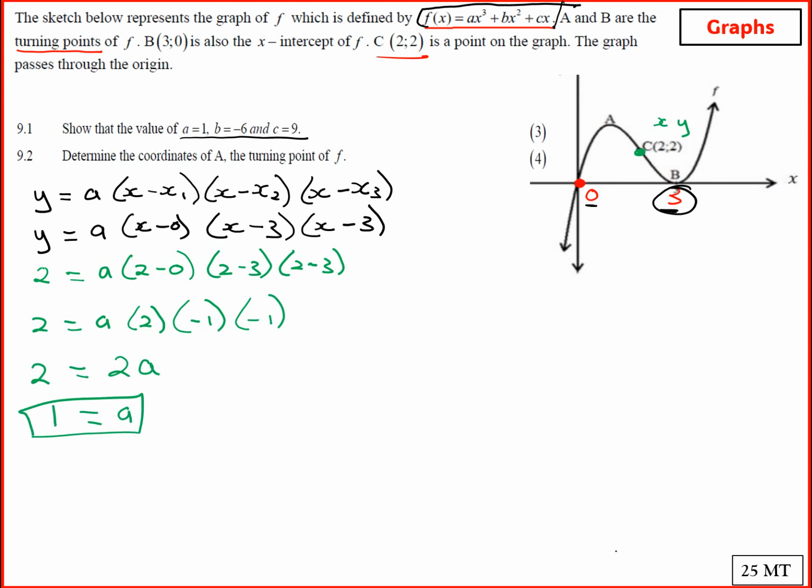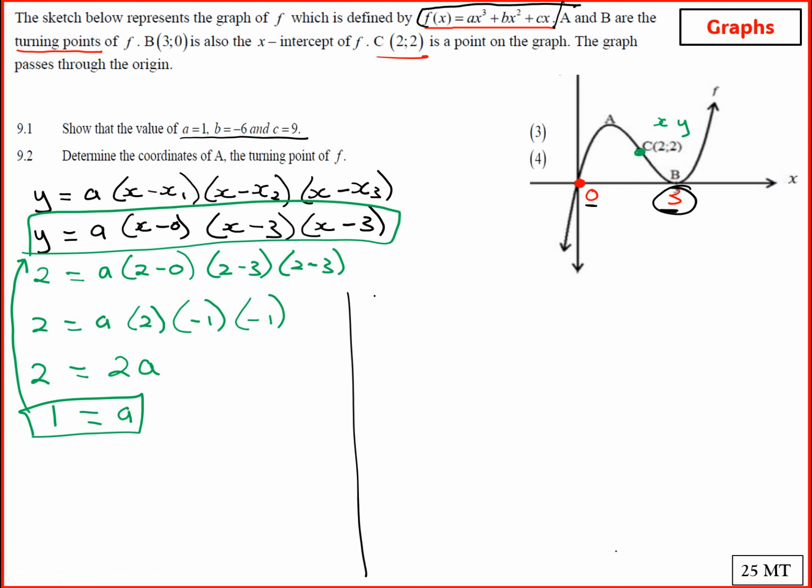And what we're going to do is put that a equals 1 back into the equation. If we do that, we get a beautiful equation, which is y equals a, which we found to be 1, into x minus 0, which is actually x, and x minus 3 into x minus 3. We're just going to write that down.